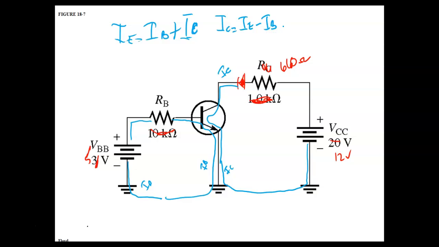So there ain't nowhere in the world IC is going to be greater than IE, right? And if we transpose the other one, then IB would be equal to IE minus IC. So the emitter current is the largest current in the transistor circuit, always, because it's the combination of base current and collector current. That will be on the test, guaranteed.